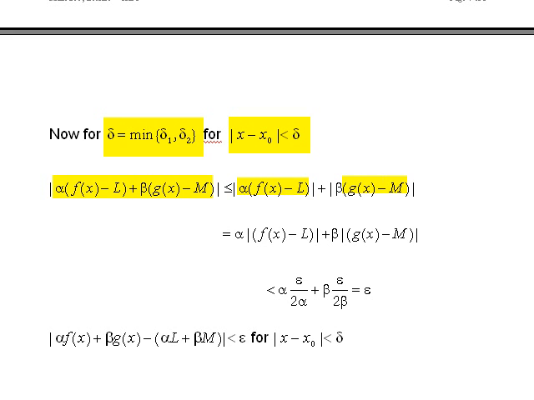I factor out the alpha and beta, and using the result from the limit law, this is less than alpha times the limit I chose for f minus L, epsilon over 2 alpha, plus beta times the limit I chose for g minus m, which is epsilon over 2 beta. That result is epsilon.